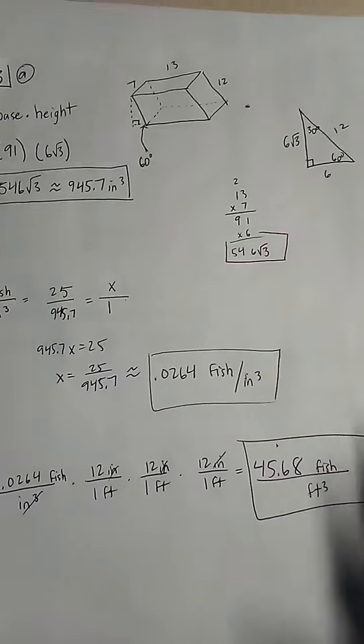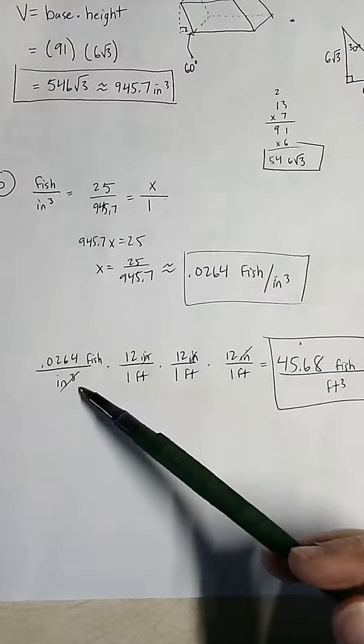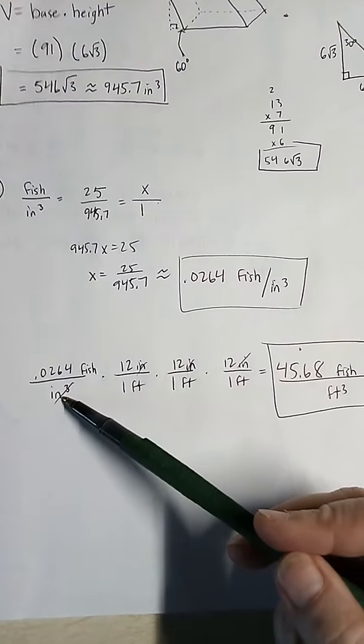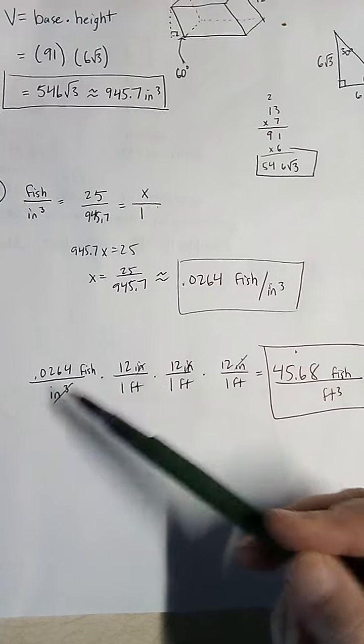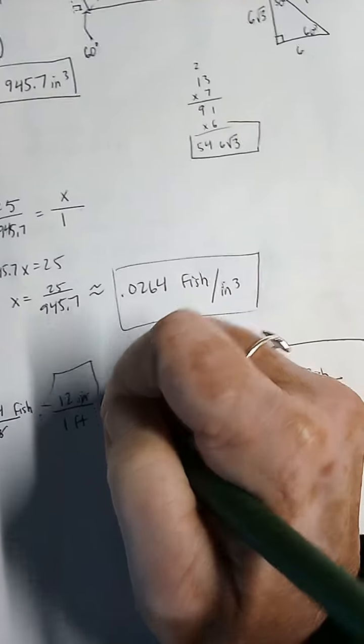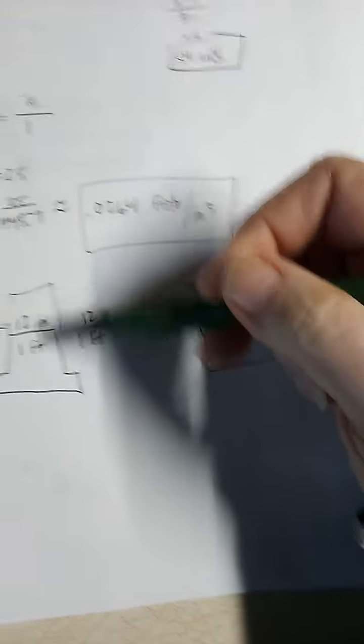And then they want to know how many per cubic foot. So I'm going to do dimensional analysis on it. So I have inch cube here, and so I need 3 unit multipliers. They're like giant ones, and each of them has their giant ones.